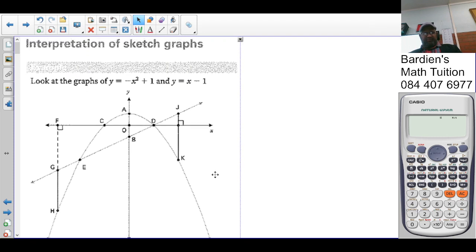Here's the graph. Let's make a rough sketch of this here.